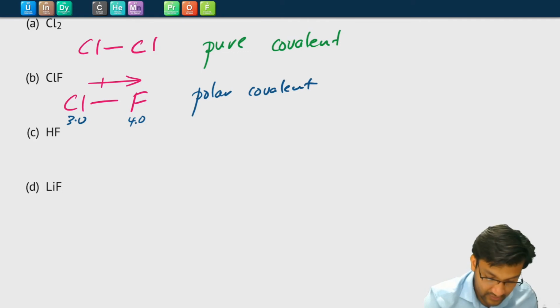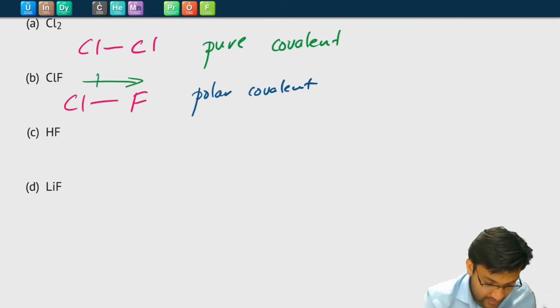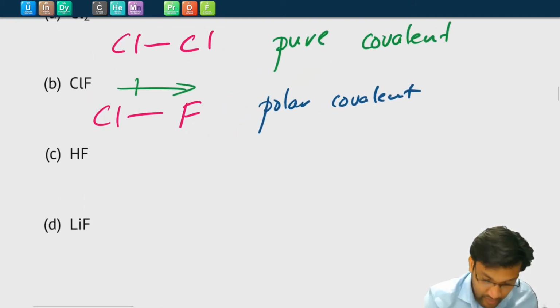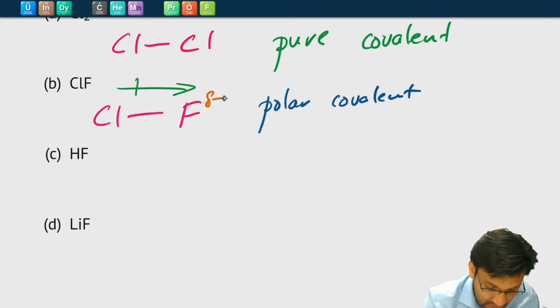And because it's polar covalent, we will draw the dipole arrow, which I have already drawn, but I'll use a different color, the dipole arrow. And because F pulls on the electrons just a tiny bit more, it'll be a negative charge. Again, I want to use a different color, orange, why not? Tiny negative charge, which means the chlorine will have a tiny positive charge.